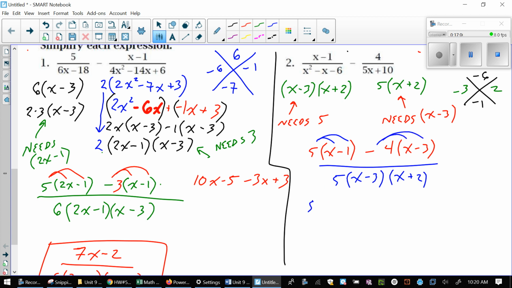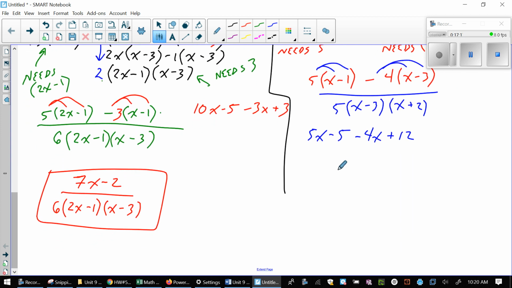So under my numerator we get 5x minus 5 minus 4x plus 12. Simplify that. 5x minus 4x is 1x, not -1x. 5 minus 4 is 1x, and -5 plus 12.